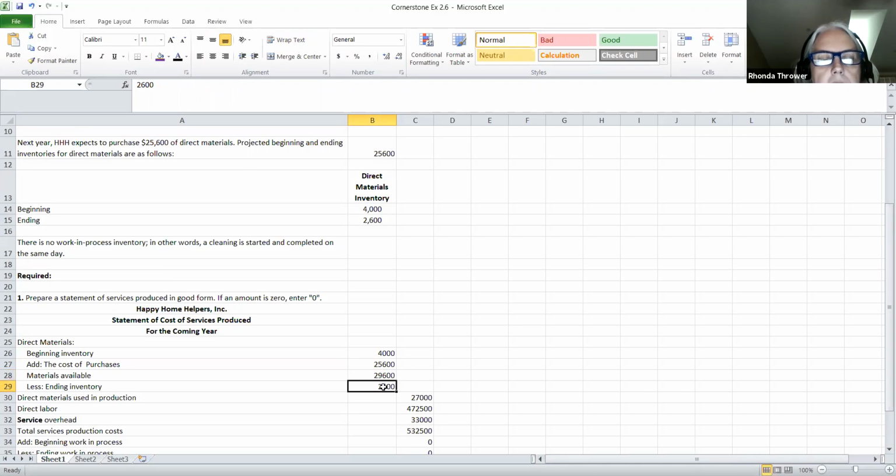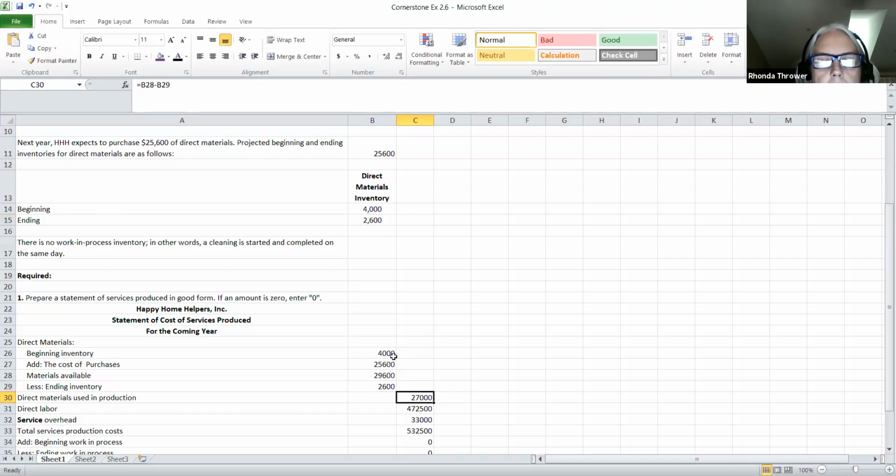The ending materials was given at $2,600. The direct materials ending inventory is $2,600, so I just plug that into the statement. The direct materials used in the production of the services is calculated the same as it is with a manufacturing business that produces products.